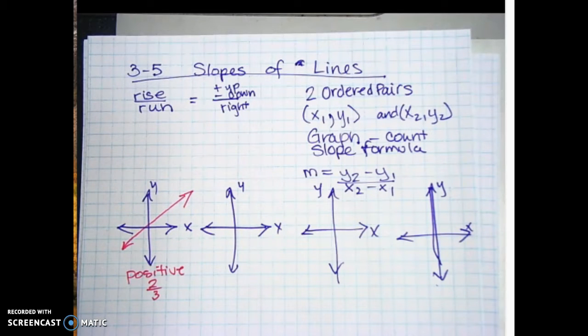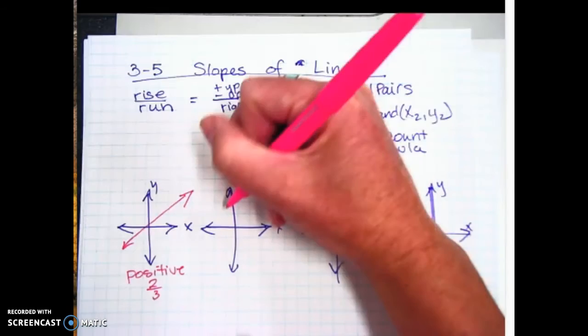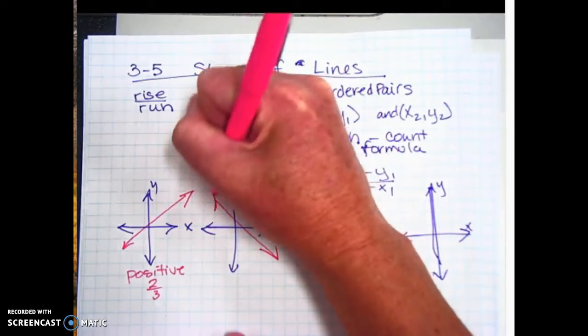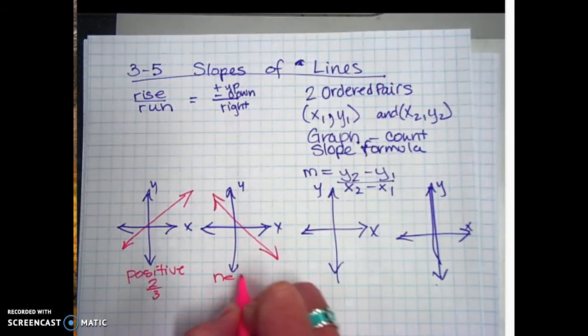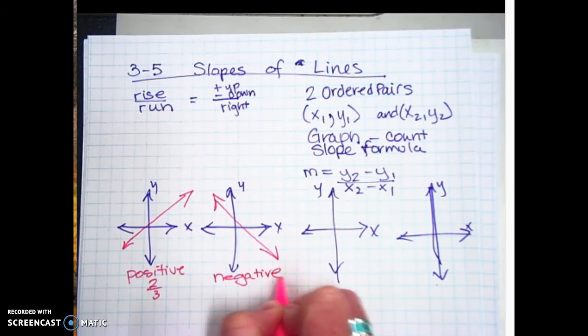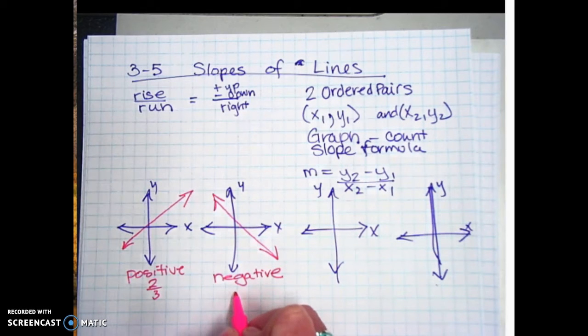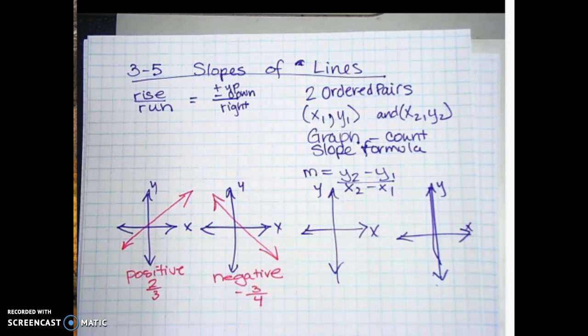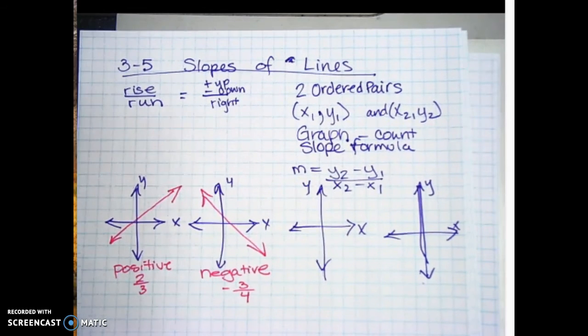Okay? If the graph of your line is going down, it's going to be a negative slope, something like negative 3/4. That means you go down 3 over 4. Then there's 2 special ones, okay?